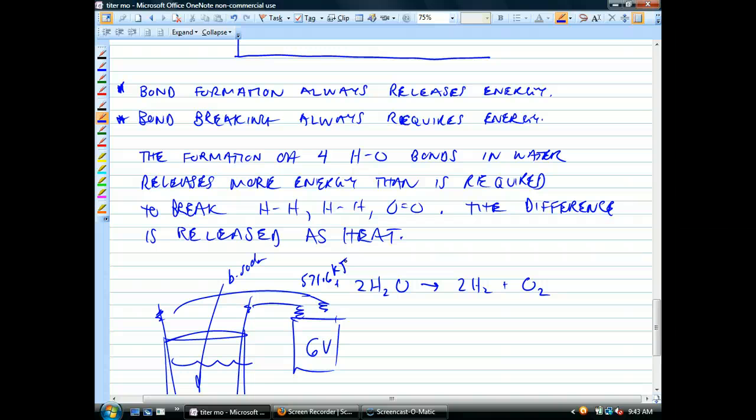By the way, that's the next step. We can actually use stoichiometry to figure out how much energy is required to make a certain amount of this stuff. If I knew the volume of hydrogen and oxygen that I just made, I could figure out exactly how much energy I just used, using this proportion: 571.6 for every 1 mole of oxygen and 2 moles of hydrogen.